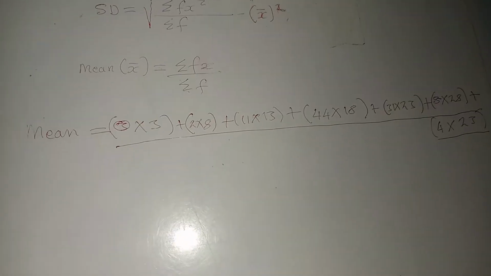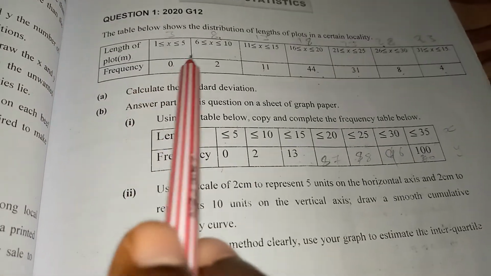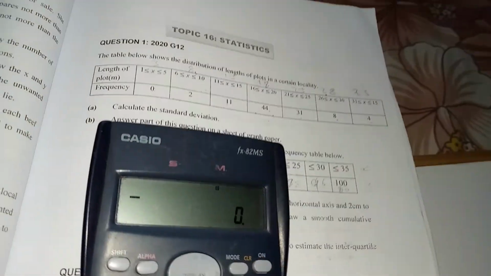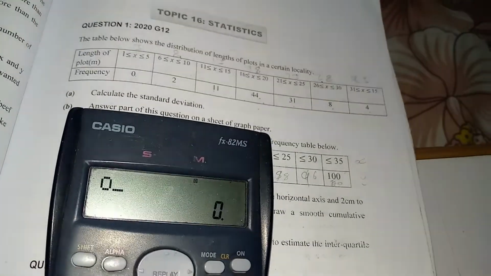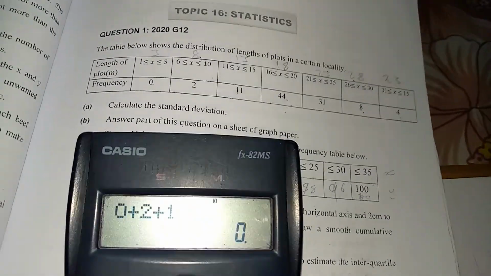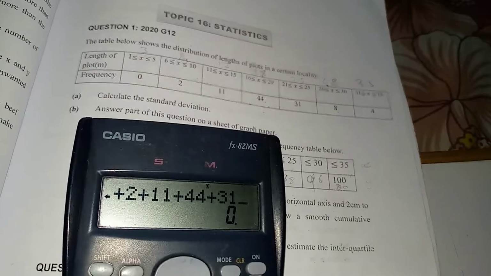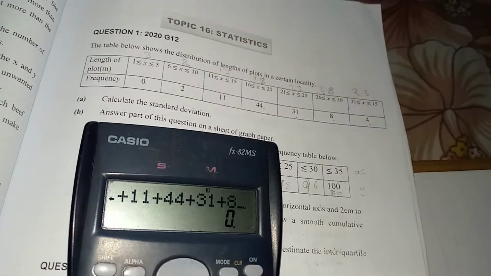How do you find the total frequency? You just add the given frequency numbers here. So we'll do that on the calculator. Finding the total frequency, we'll just be doing 0 plus 2 plus 11 plus 44 plus 31 plus 8 plus 4.